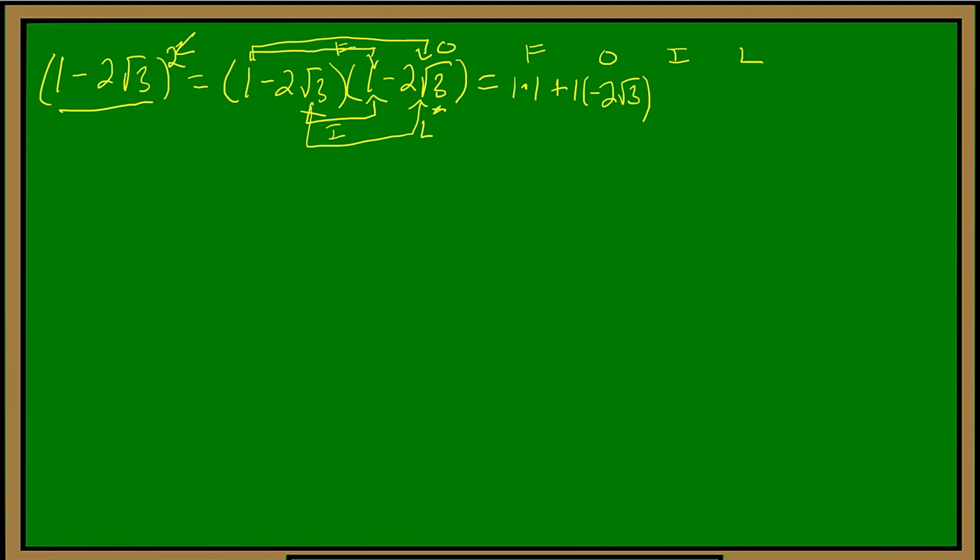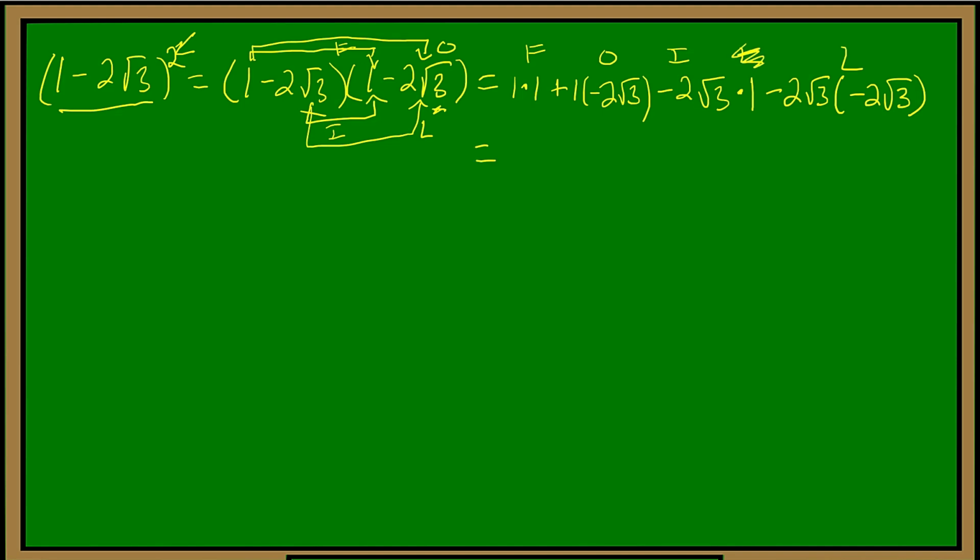So it's going to be minus 2√3 times the 1 here. And the last stage is the L that multiplies the negative 2√3 with the negative 2√3. So it's going to be minus 2√3 times another negative 2√3. That's FOIL.